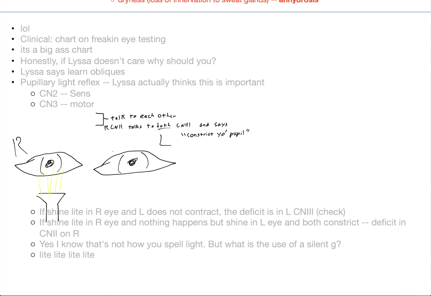Foramen, superior orbital fissure. We'll do clinical and testing at the end. All right, GSEs. What are they doing? This is motor innervation to what? Good. And it's that simple. It's motor innervation to the superior oblique.